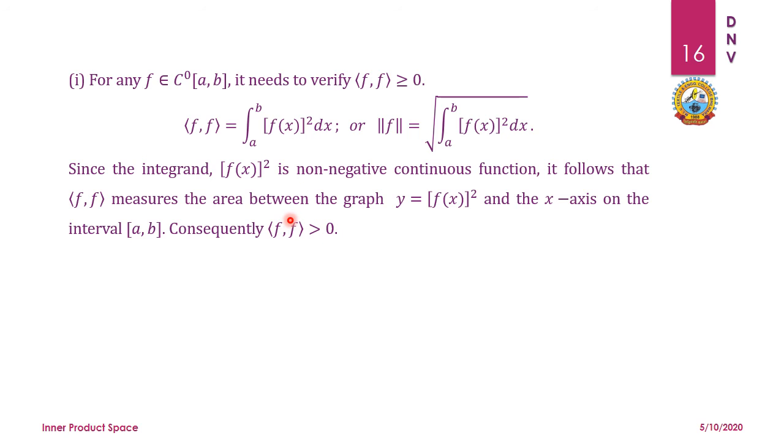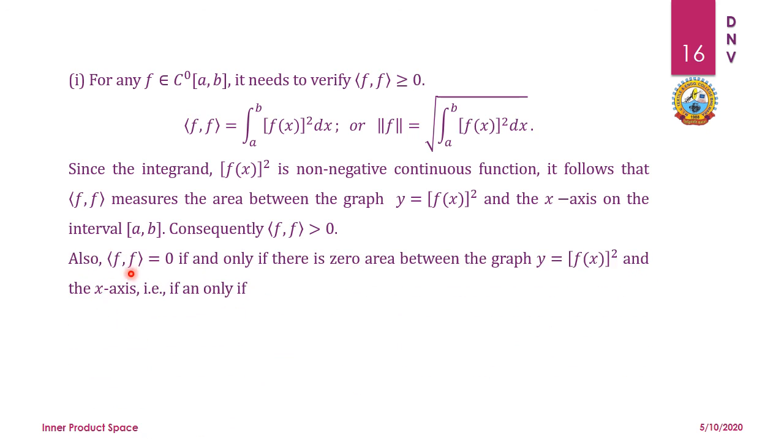Let us now see what happens if we want to prove the definiteness of this inner product. If the inner product is 0, then this will be true if and only if the area lying between the curve f(x) square and the x-axis is 0, which is possible only if the function y equal to f(x) is 0 itself.